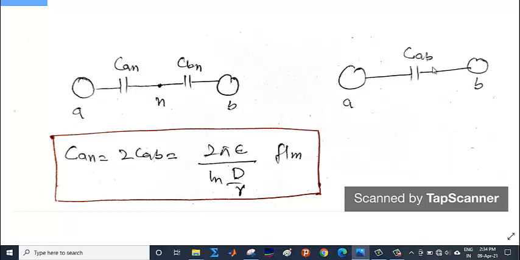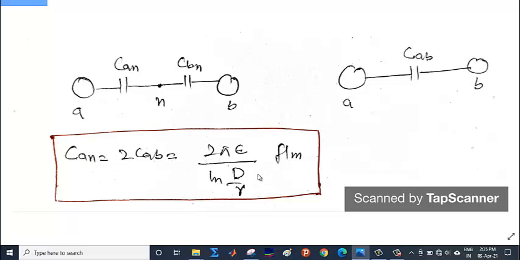So CAB will be equal to CAN by 2, because when capacitors are in series, their overall capacitance will decrease, and we know that these two capacitances have the same value. That means the equivalent capacitance will be equal to CAN by 2, or CAN will be equal to 2 times CAB. CAB we have calculated as pi e divided by ln of d by r, so CAN will be equal to 2 pi e divided by ln of d by r farad per meter.